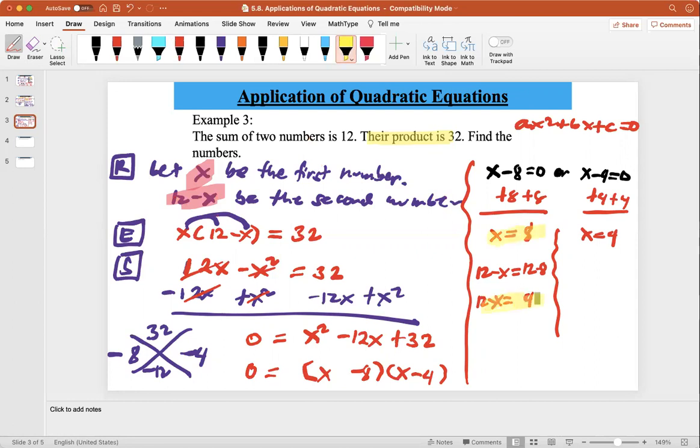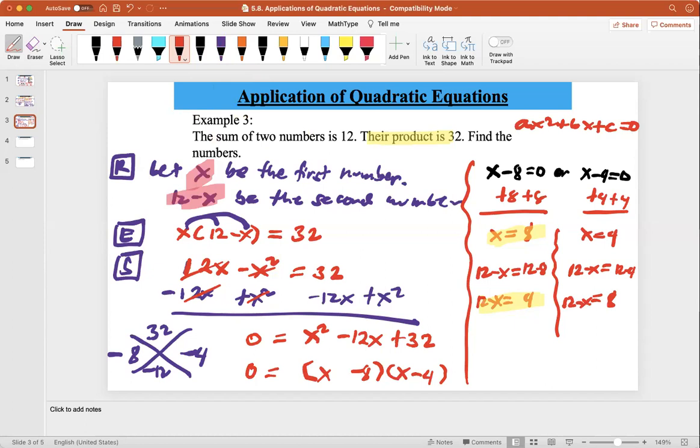So these are the two numbers, 8 and 4. Their sum is 12. Their product is 32. How about here? You will get the same set of numbers. So if your first number here is x, then you have 12 minus x. Your x is 4. That's 12 minus 4. It's still the same set of numbers. 4, 8, 8, 4, same set of numbers.